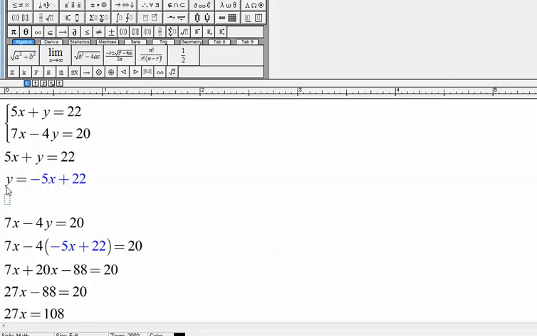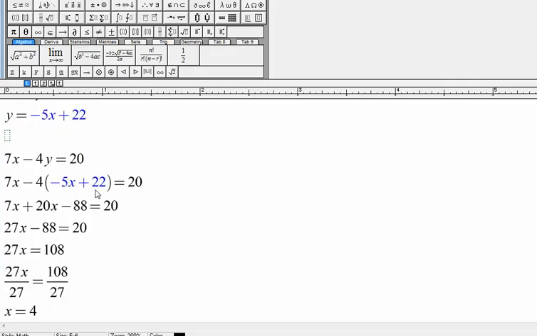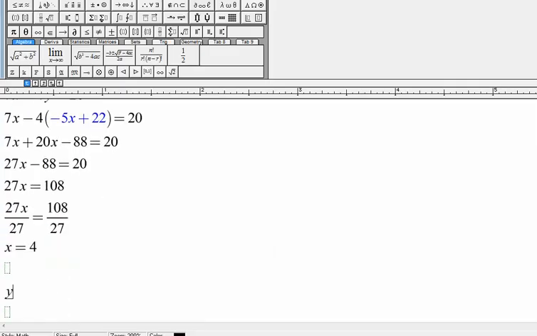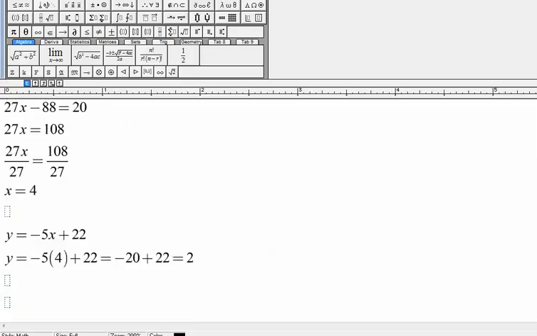So here we could use y equals negative 5x plus 22. And since we know that x is 4, we can write negative 5 times 4 plus 22. Negative 5 times 4 is negative 20, and plus 22 equals 2. So our ordered pair solution will be 4, 2.